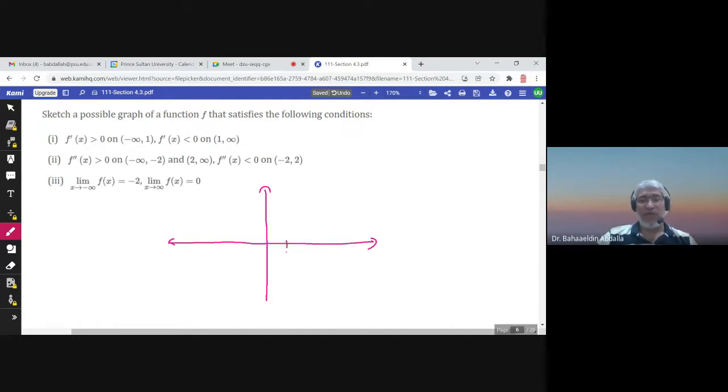So if this is 1, f prime is positive from negative infinity to 1. So f is increasing. At 1, f prime is positive, so f is increasing. Okay, f is increasing. Good.